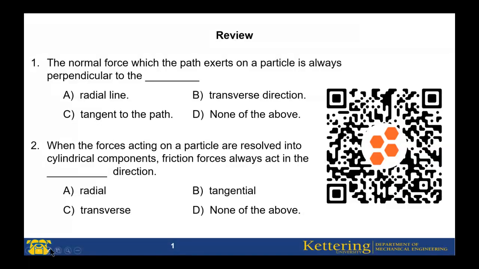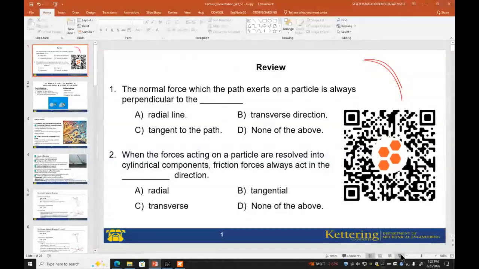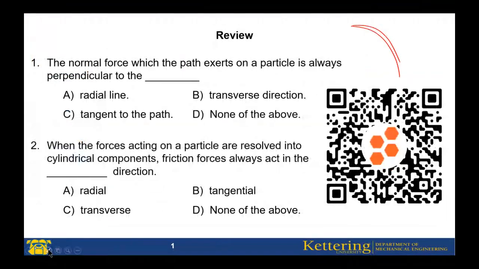I explained that if this particle is moving along this curve, at this position we can find the position of the particle using the r vector, and we can draw the radial axis and theta axis in this direction, and also draw a line tangent to the path at this position.